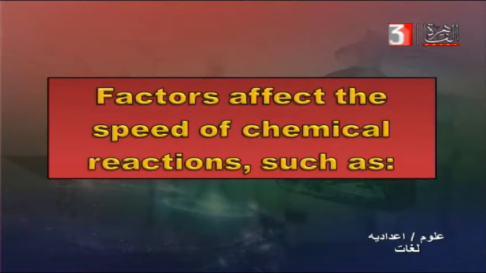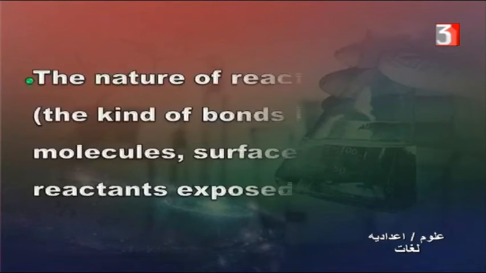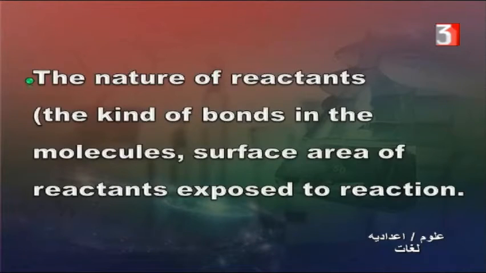Now, we will study factors affecting the speed of chemical reaction, such as the nature of reactant, or the kind of bond in the molecule, and surface area of reactant exposed to reaction.